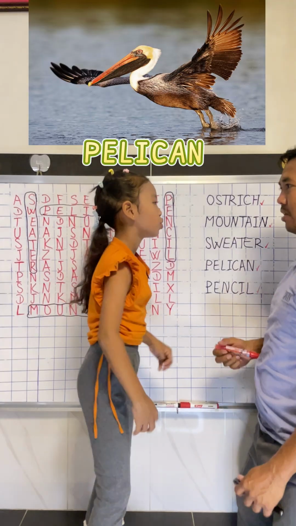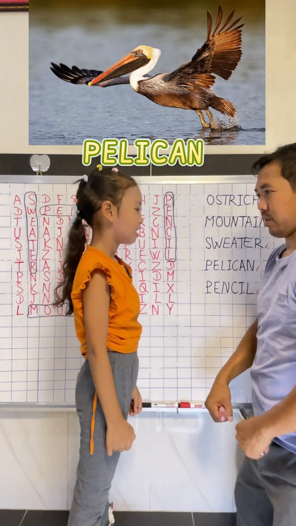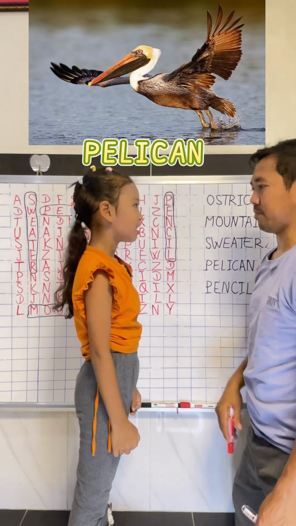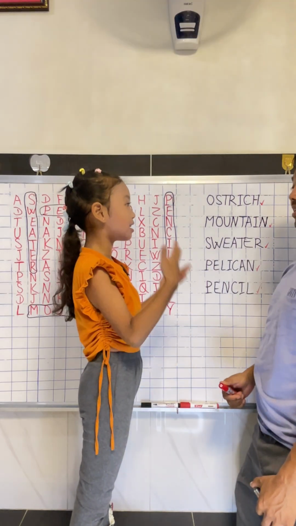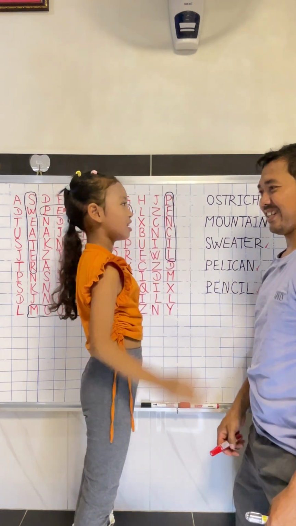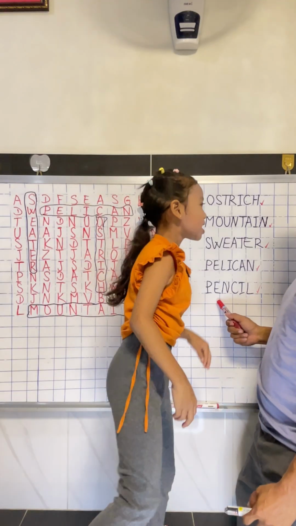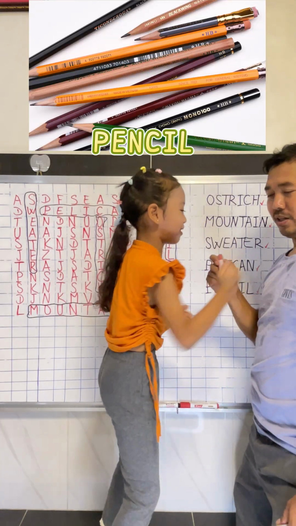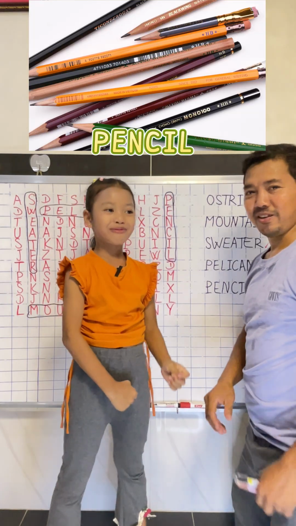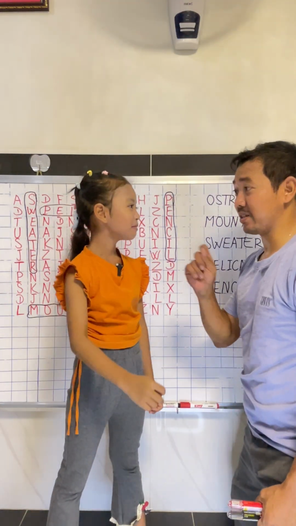Pelican is also an animal, with wings, catching fish to eat in the lake. Its head looks like a heart. And the last one is pencil, for writing or drawing something. If we want to draw a house, we use a pencil.